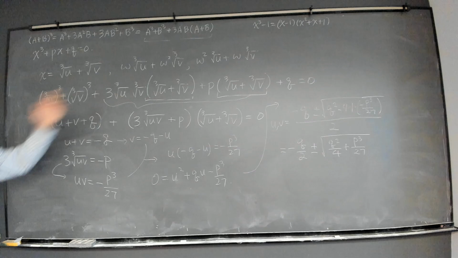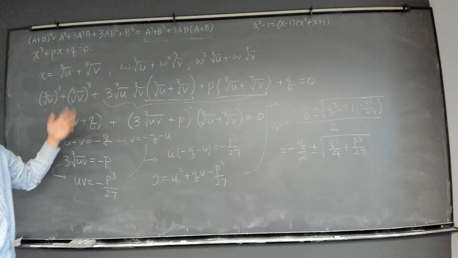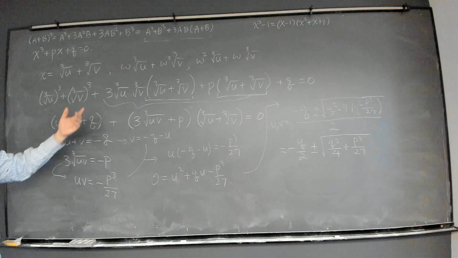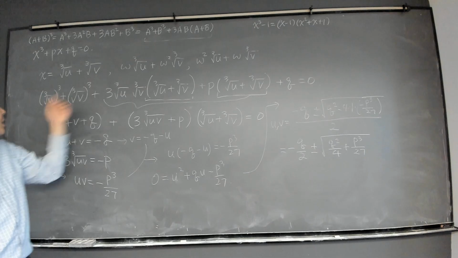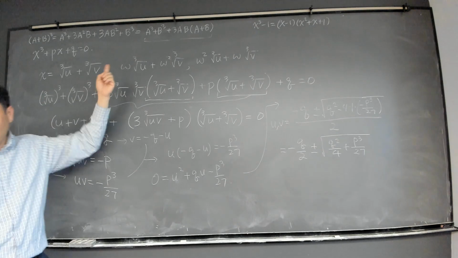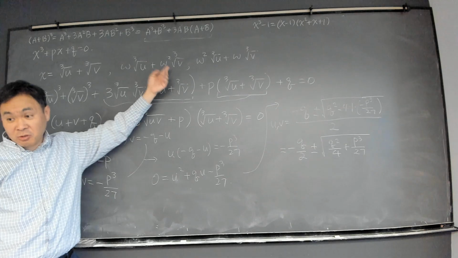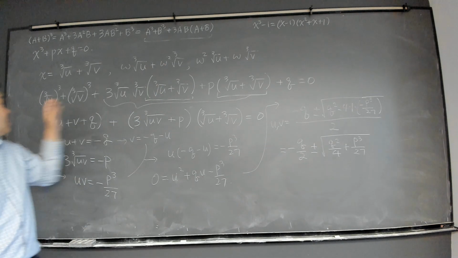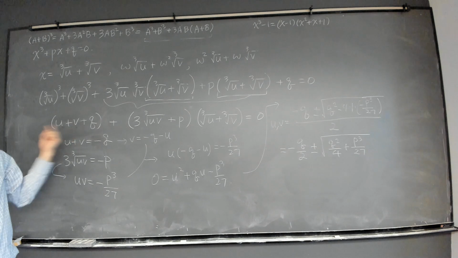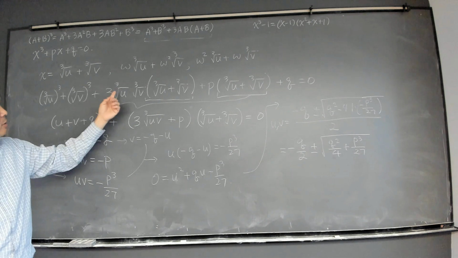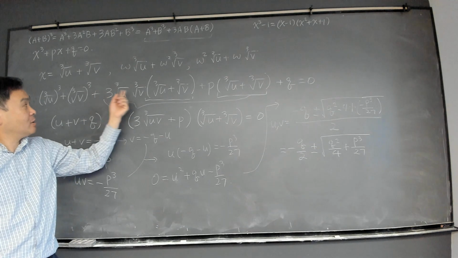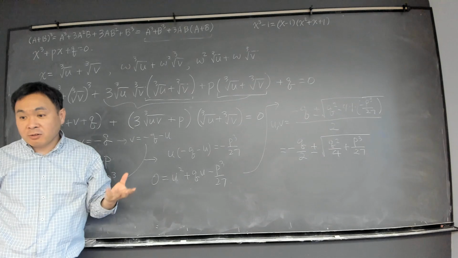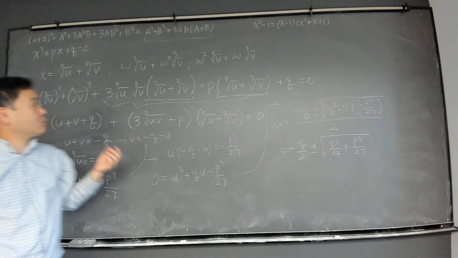Now, why do these satisfy the same equation? Well, if you plug this into here, you'll see that taking cubes, because omega cubed is 1 and omega squared cubed is also 1, what you get will be exactly the same. And over here, because you just have omega in front of here and omega squared here, again, omega times omega squared is going to give you omega cubed, right?